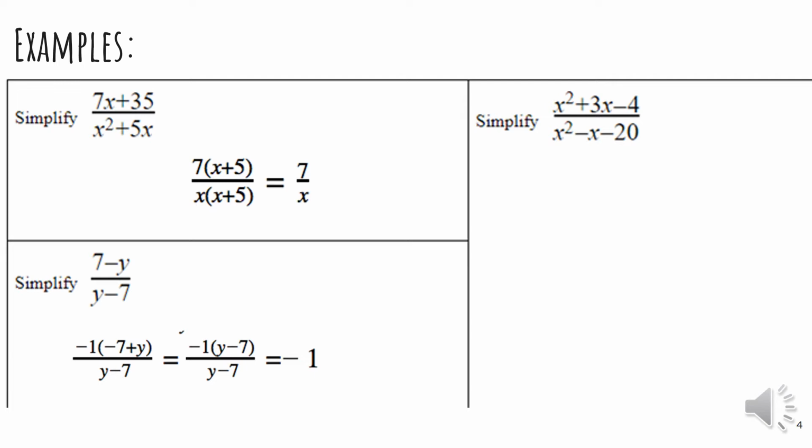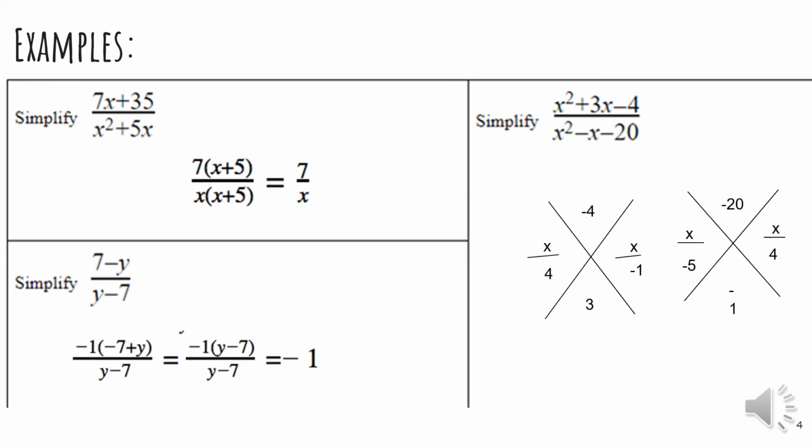In the rightmost example, it gets slightly more complicated because both the numerator and the denominator require factoring. Now, for our purposes, we're going to go ahead and continue to use either our magic X, our reverse box, or grouping. However, once you get a little bit better at factoring, you'll notice that when the a value is 1, it's relatively simple to figure out what multiplies to -4 and adds to 3, or what multiplies to -20 and adds to -1.